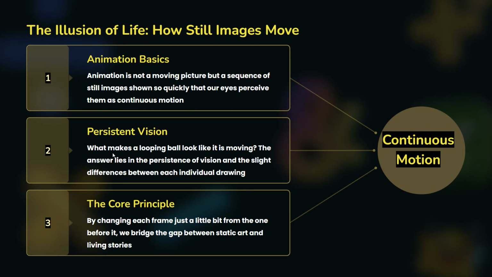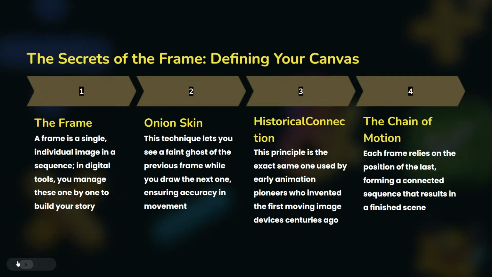That persistence of vision is what makes the looping ball look like it's moving, which means your eye does not see the differences between each individual drawing. It doesn't pick up on those gaps. The core principle of changing each frame just a little bit is going to bridge the gap between static art and living stories. So you want to take those things into account.